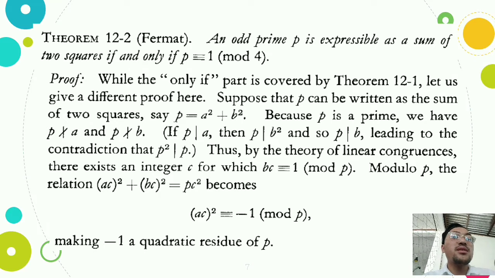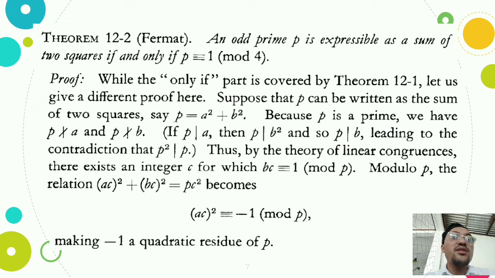Suppose that p can be written as the sum of two squares, say p equals a squared plus b squared. Because p is a prime, p does not divide a and p does not divide b. If p divides a, then p divides b squared, and so p divides b, leading to the contradiction that p squared divides p.